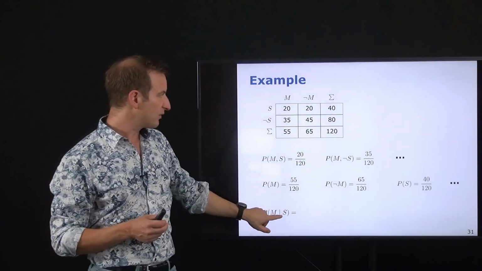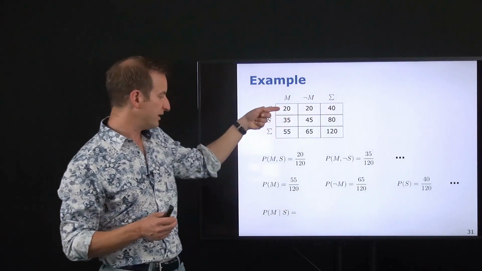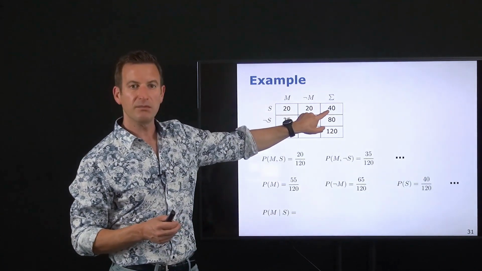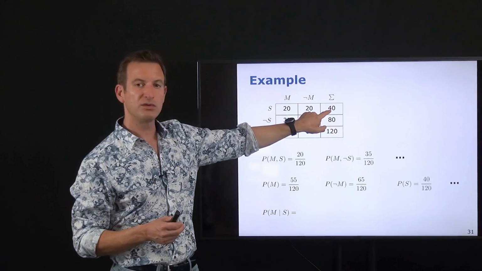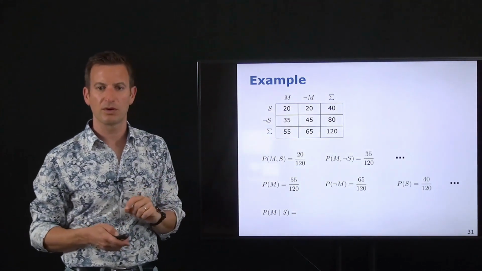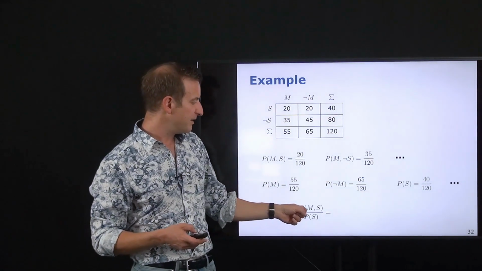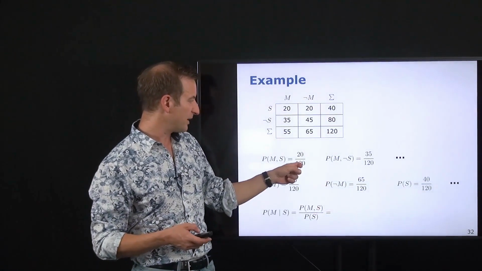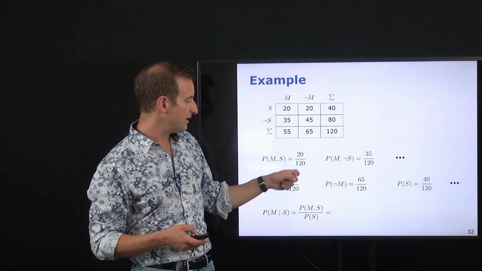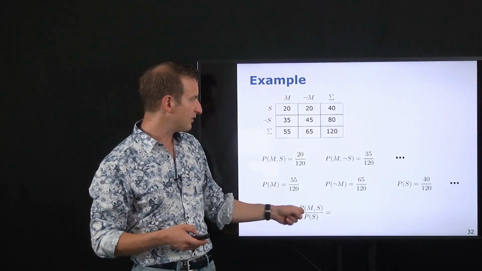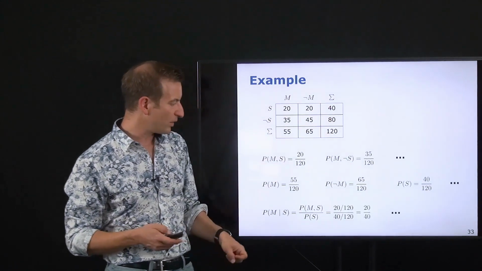So given I know it's a smoker, I only consider this row over here, and the probability for it being male is basically 20 divided by 40. Not 120, only 40, because I know the person is a smoker. So this will then lead to the P of M and S, so this is what we had over here, 20 divided by 120, divided by the probability that the person is a smoker, which is 40 divided by 120.